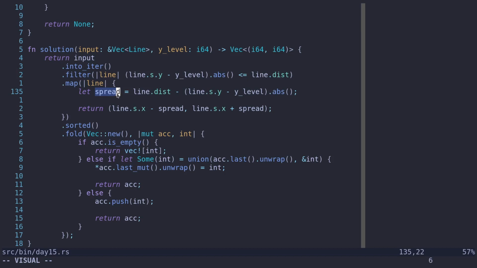So I call this variable spread because on the sensor level it looks in each direction with a certain distance, but then as it gets further away from the sensor it gets smaller.